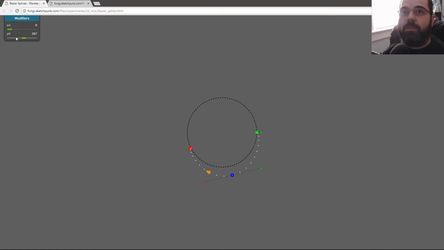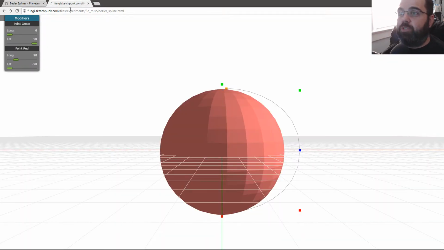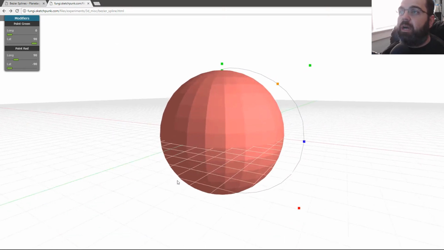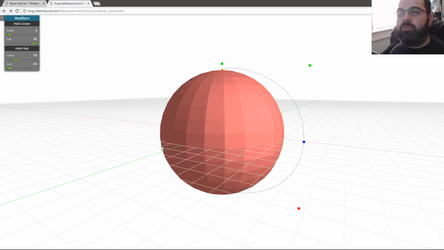So this is a full implementation in 2D, and today I completed the 3D implementation, which produces the exact same results. It's a little bit different, but most of the code is almost the same. Implementing the 3D points, I used spherical coordinates, so it's longitude and latitude. It took me a while to find a good algorithm that gave me good results calculating those points.